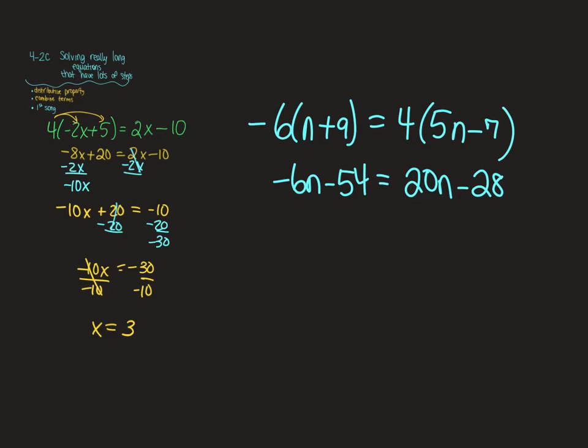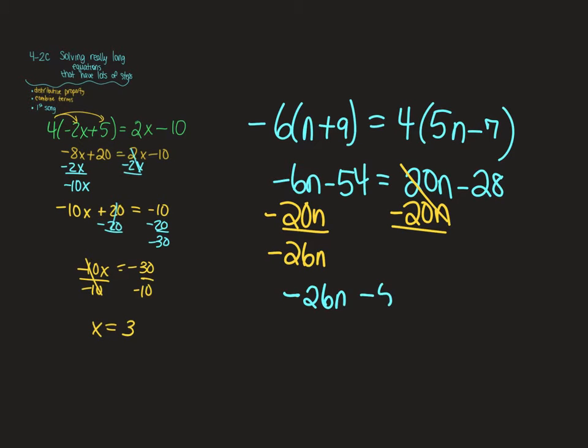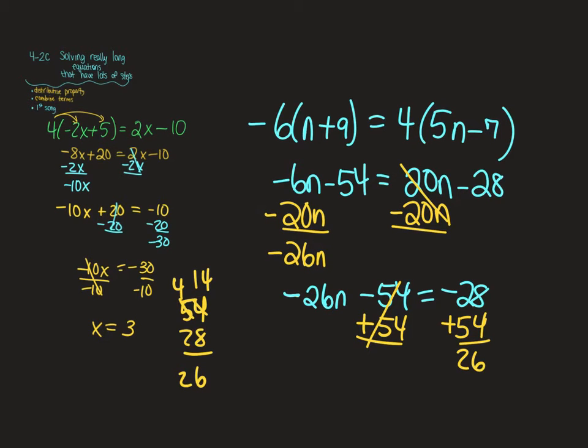Now I'm ready to subtract 20 n's from both sides. I end up with negative 26n, and I'm ready to rewrite. Negative 26n minus 54 is equal to negative 28. I'm going to add 54 to both sides. Cross out what's my answer. Negative 28 plus 54 is really a subtraction problem, and I get 26.